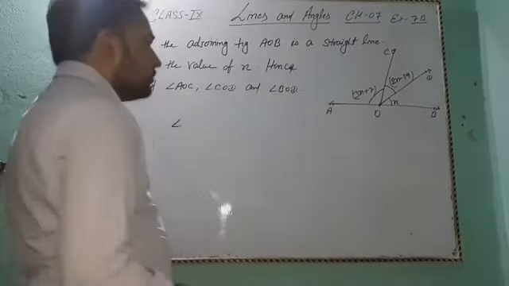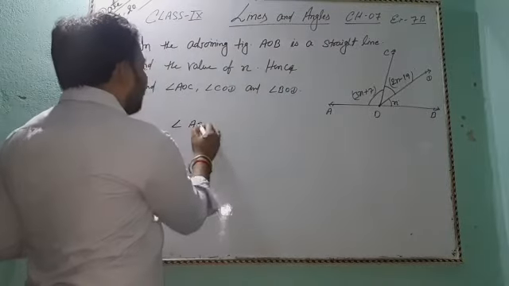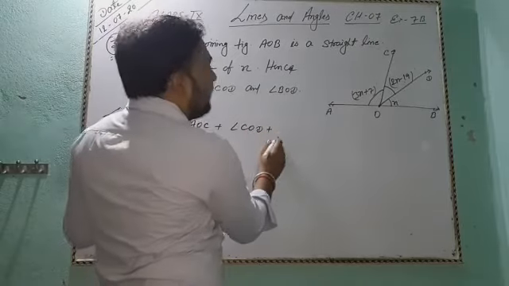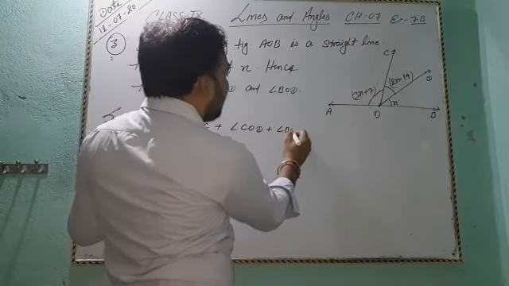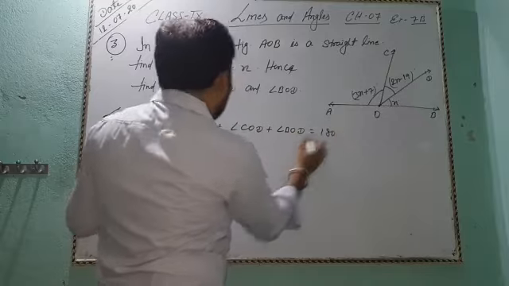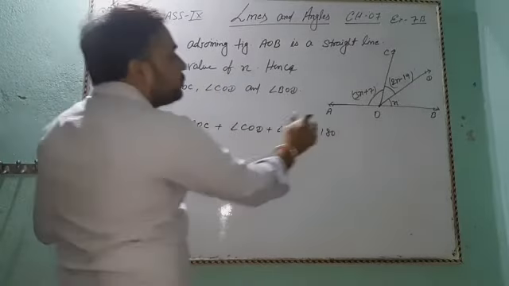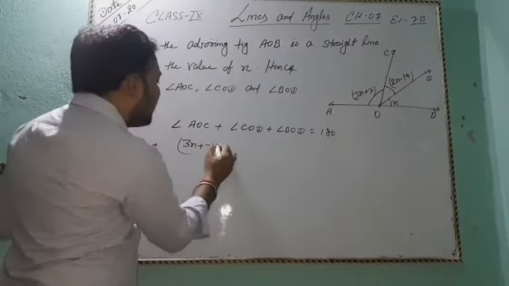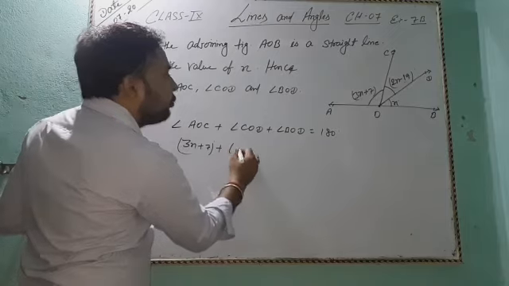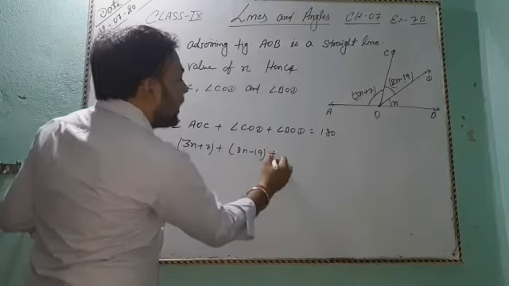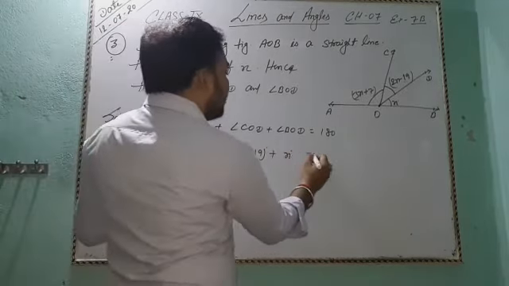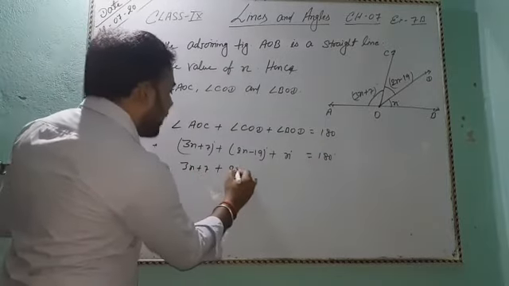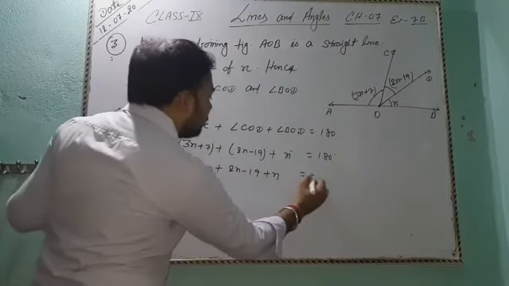So we write angle AOC plus angle COD plus angle BOD equals 180 degrees. Putting in the values: 3x plus 7, plus 2x minus 19, plus x, equals 180 degrees.